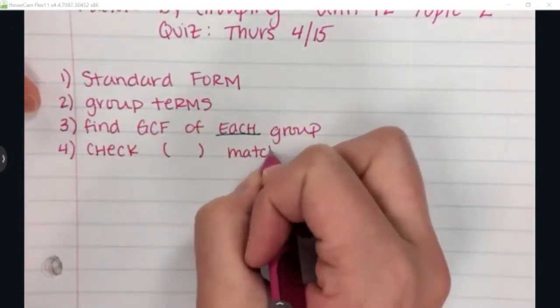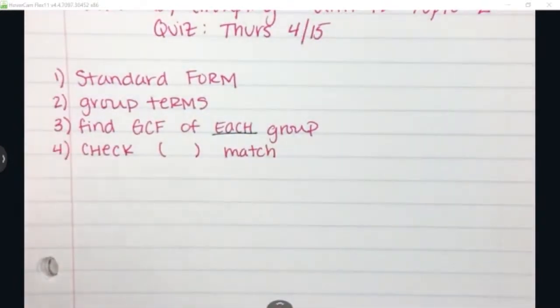Step number 4, we are going to check that the parentheses match. So we're going to check what's inside our parentheses. And if they do not match, you have done something terribly wrong, which means you need to erase and start the entire problem over.